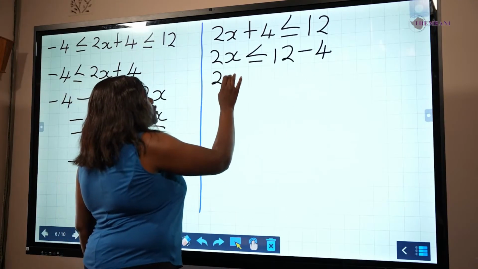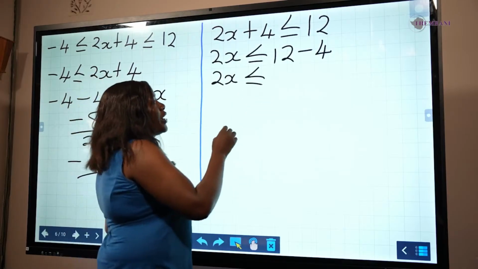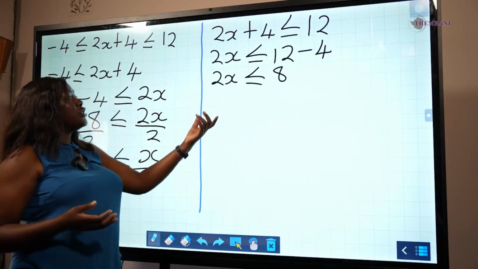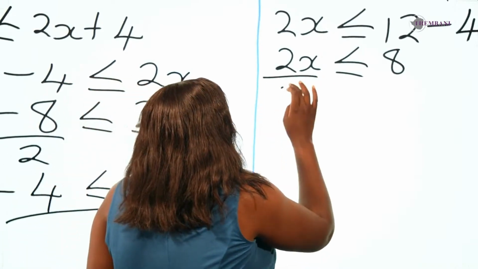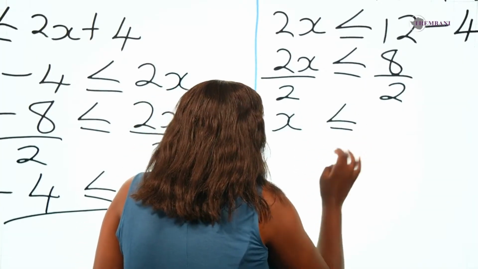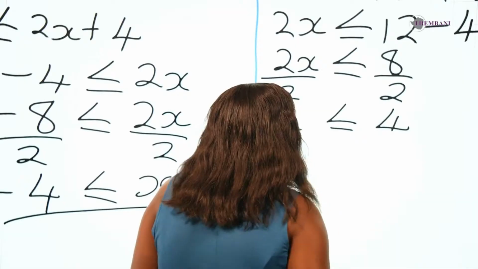So I now have 2x is less than or equal to 12 minus 4, which is going to give me an 8. Because I want to solve for x, I'm going to divide both sides by 2. So x is less than or equal to 2 into 8 will give me a 4.